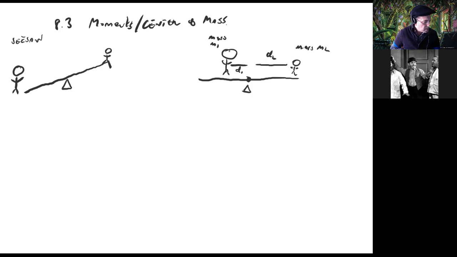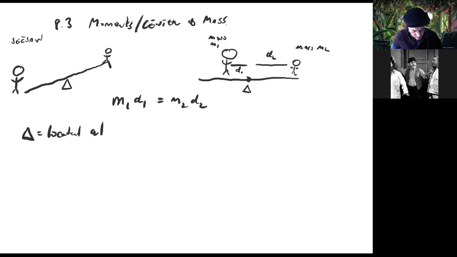Then the formula which relates the quantities is that m1 times d1 is equal to m2 times d2. So that's the formula.